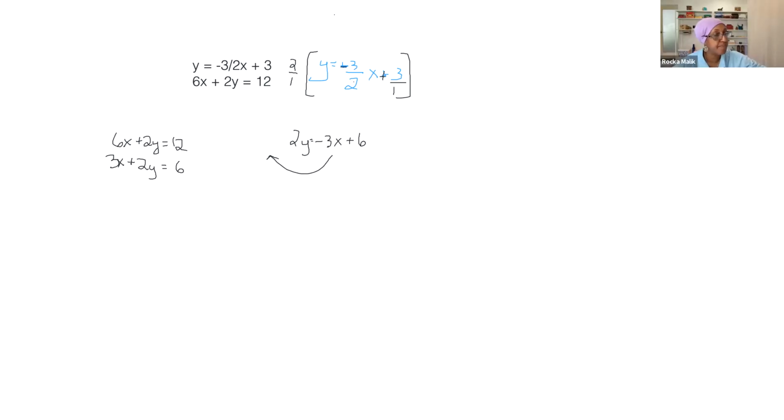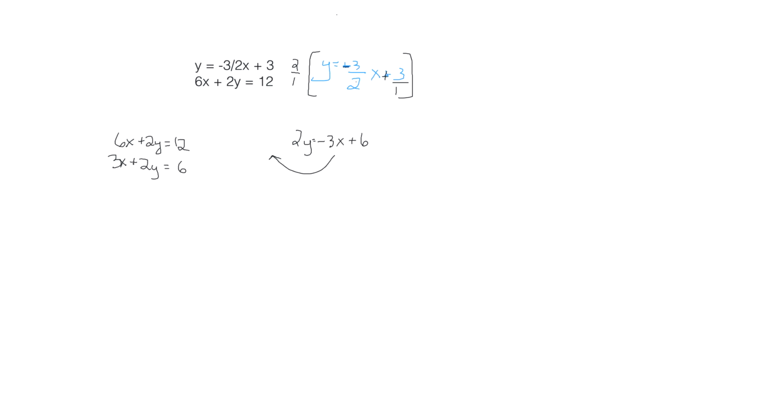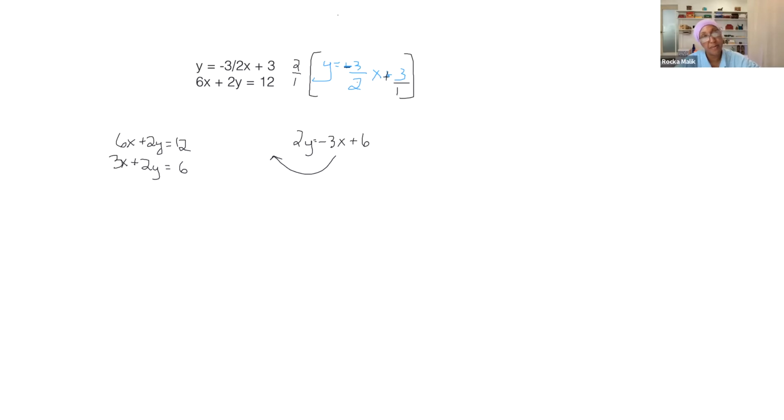Yeah, the bottom one, I can multiply by -2, so that this becomes a -6x. That way, when I add them, it's nothing. So I can multiply the whole bottom by -2. Or if you see an easier way, you can surely tell me.